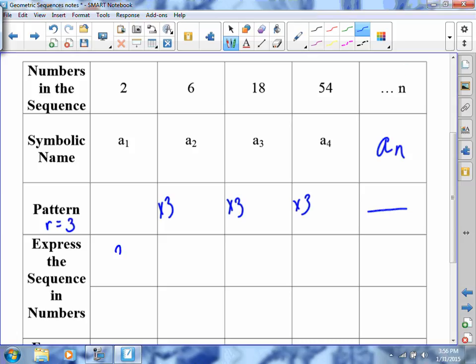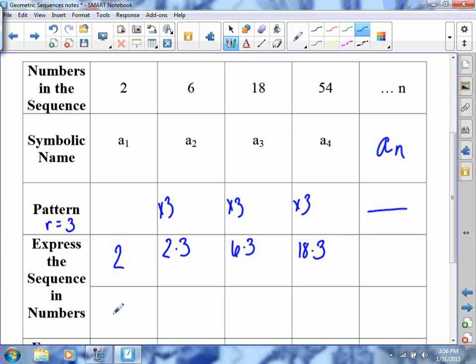So my first number is 2, and then to get the next number, to get 6, I took 2 times 3. And then to get the next number, I took 6 times 3. 6 times 3 was 18. And then to get the next number, I took 18 times 3. Okay, so that's how I got my numbers.